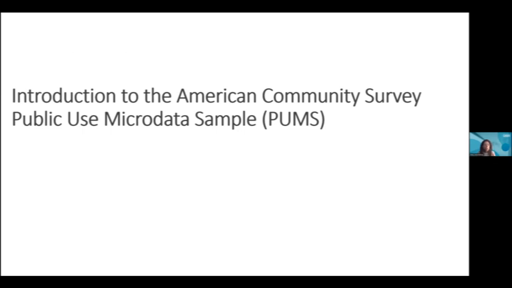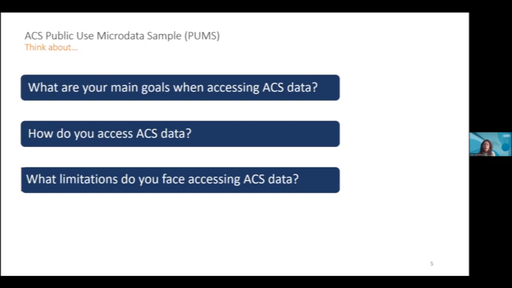So the ACS Public Use Microdata Sample can be overwhelming, but we're going to briefly cover basics to start to get you familiar and hopefully comfortable with this powerful data set. And I want you to think about these questions. What are your main goals when accessing ACS data? Are you primarily accessing pre-tabulated estimates? Are you finding that the data you need are not published in these estimates?